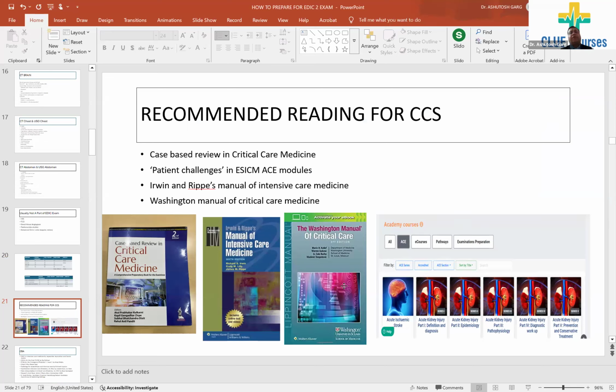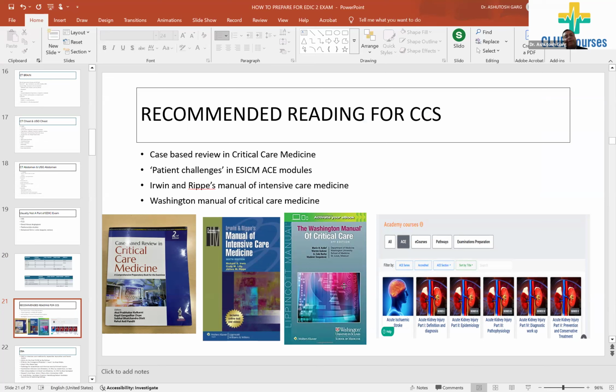Now the recommended reading for clinical case scenarios. You can read books like Case-Based Review in Critical Care Medicine by Dr. Atul Kulkarni, and Patient Challenges in the ESICM ACE modules.